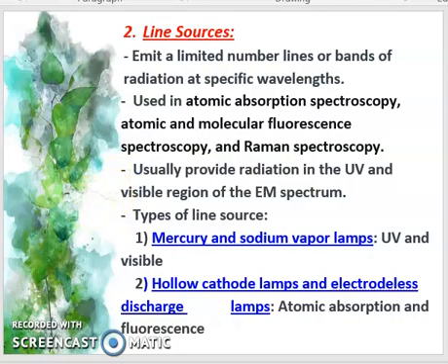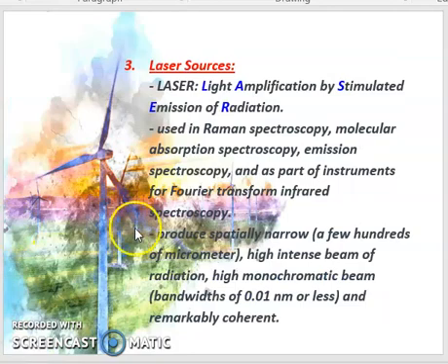Another example of a line source lamp is the laser source. Laser is actually short for light amplification by stimulated emission of radiation.